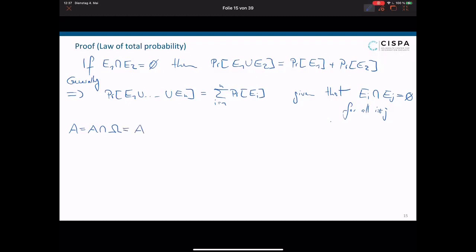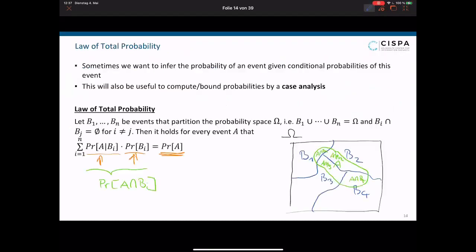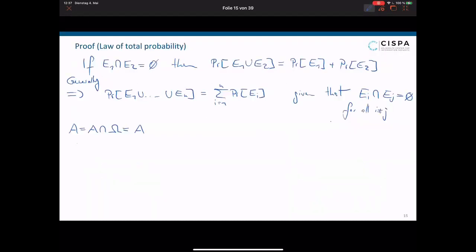But from here, we've seen that B1 to Bn cover the entire space. So we can rewrite this omega as, oh, sorry, why did I call them E?